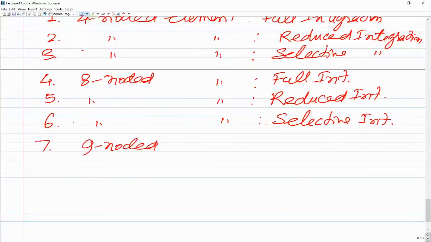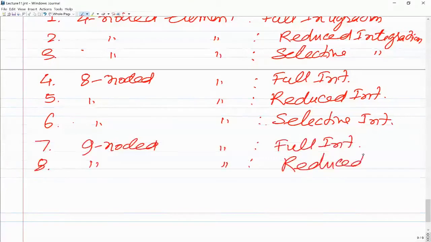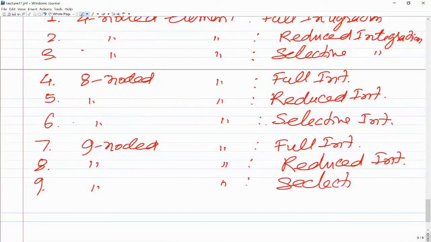You will have one node at the center, so that would become the 9-noded element. For this, full integration, 9-noded element reduced integration, and 9-noded element selective integration.